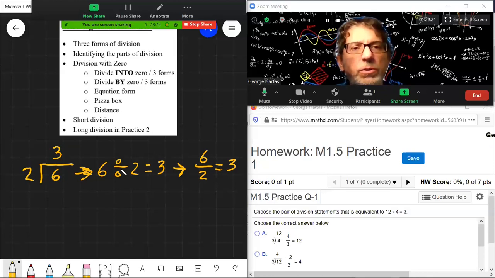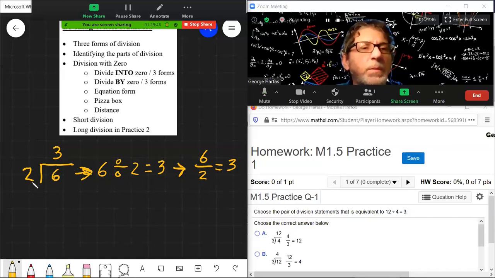Get used to all 3 ways. This we will cover more in Math 50. You will not see this much in Math 50, if at all. This is the method you will see mostly in this course and the early parts of Math 50. So, 3 ways to represent division.